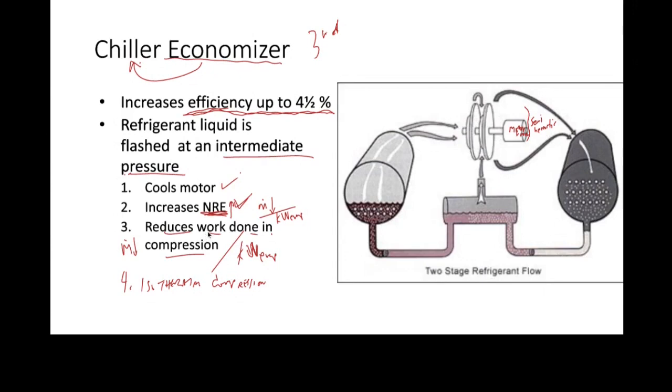If we're retaining it and not sending it outside of the system boundaries, then we get a more rapid, or a steeper, increase in the gas pressure, which means that we do more work in compression. We wouldn't like that. We would like things to be isothermal. We would like to remove the work done by compression, the heat of compression. We want to remove that and follow an isothermal line, which is far more efficient.